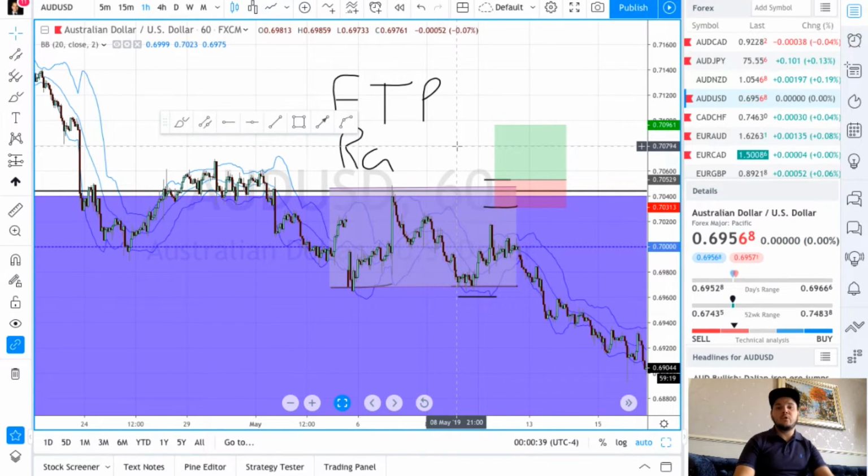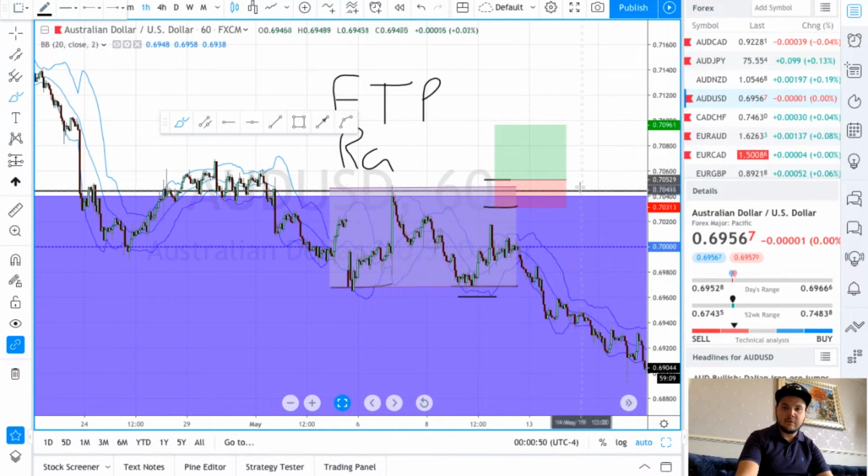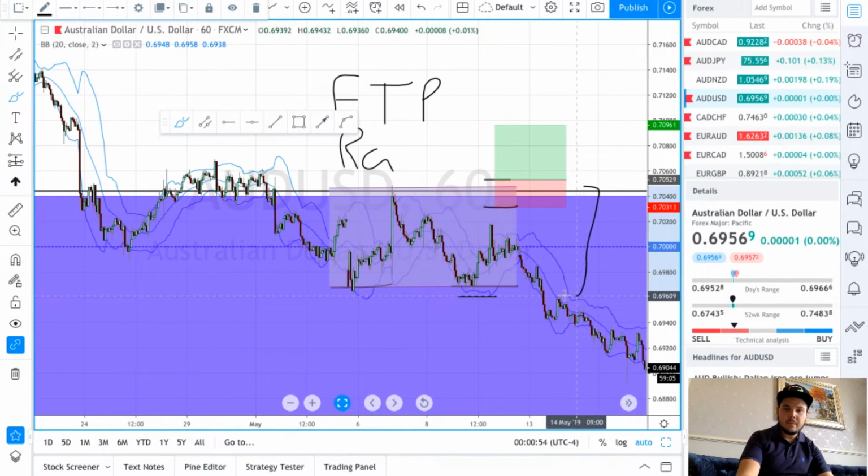Now the other way of doing things is you look at the range and you basically add this up on top of your entry. So let's say that you go from this range over here. Yeah, that's our range. Like this. Now you would add this on top of the range, and that would be your take profit.